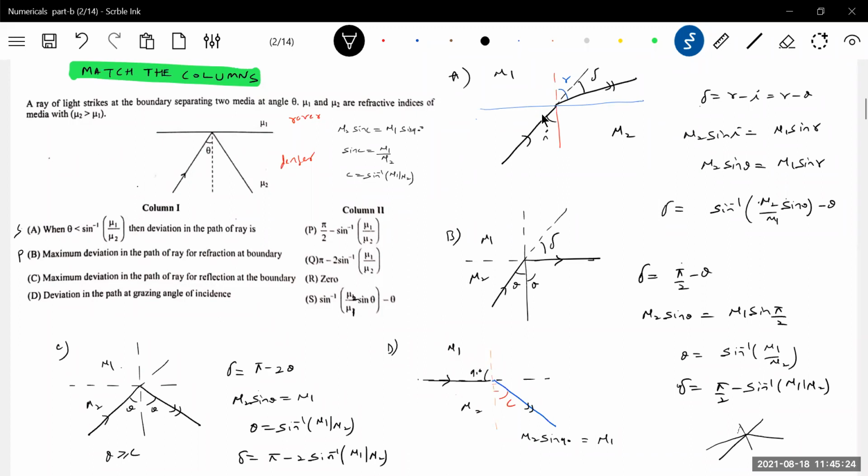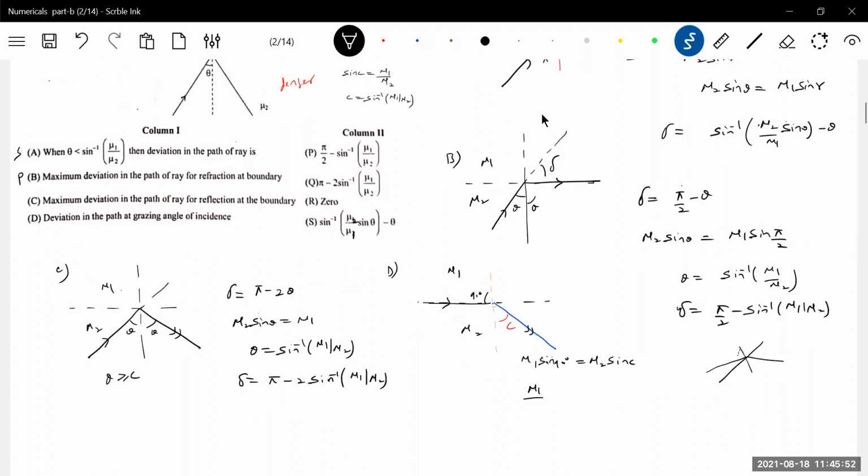Mu1 sine 90 should be equal to mu2 sine c. Now what is the deviation? Deviation should be 90 minus, see that one, critical angle.